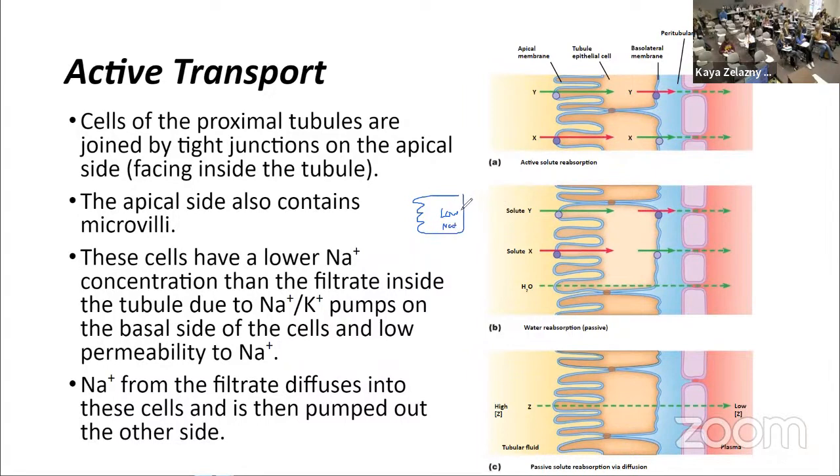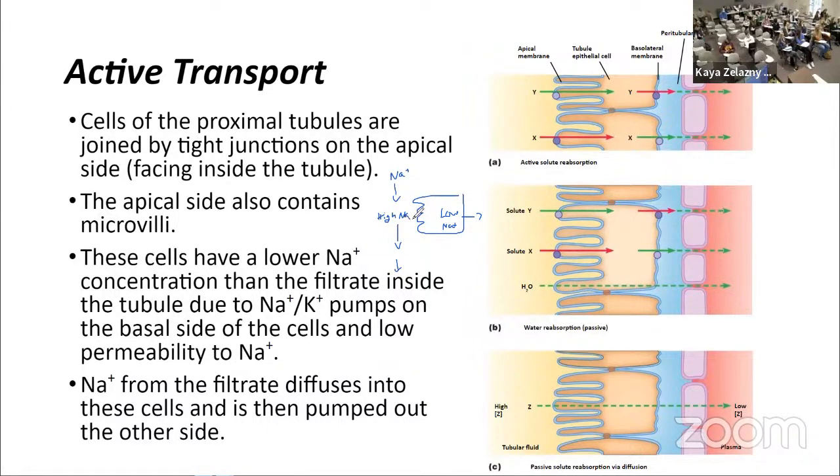We moved sodium that way because we had high sodium there. So when we have sodium coming down from the glomerulus, filtered into the nephron, just moving along, trying to go become urine, this is now a relatively higher concentration of sodium.